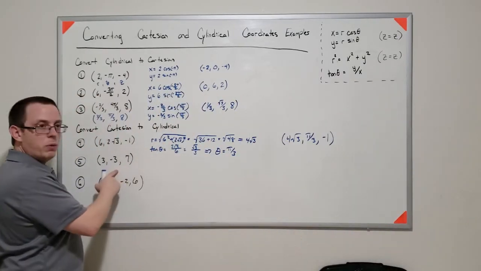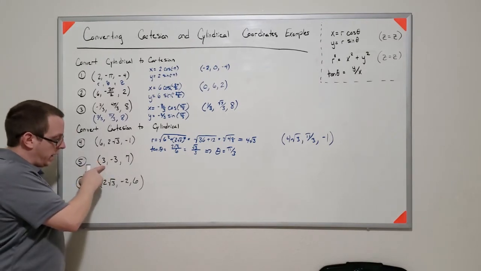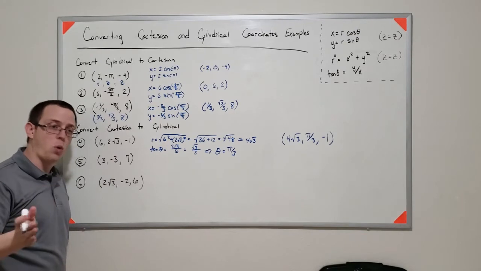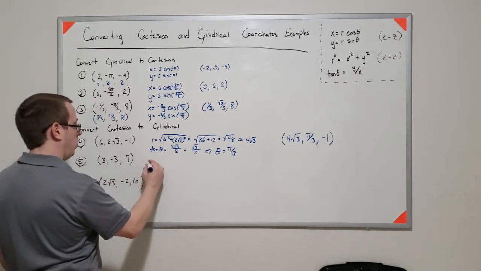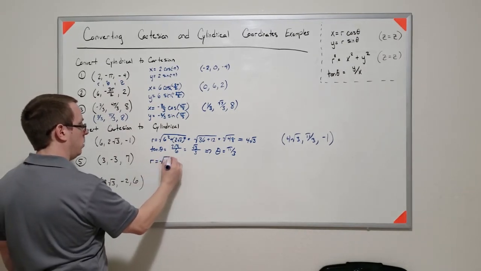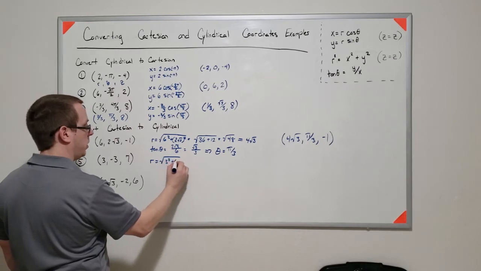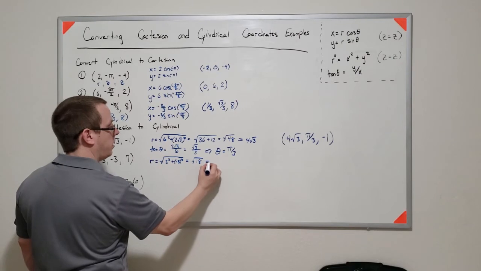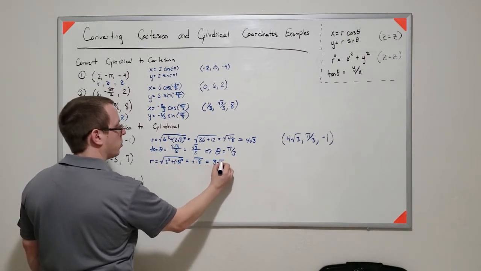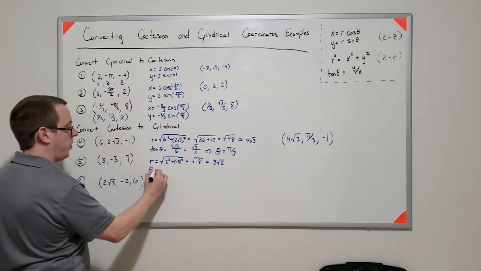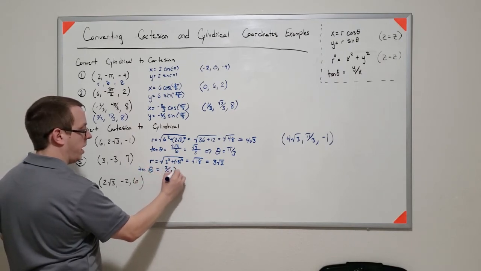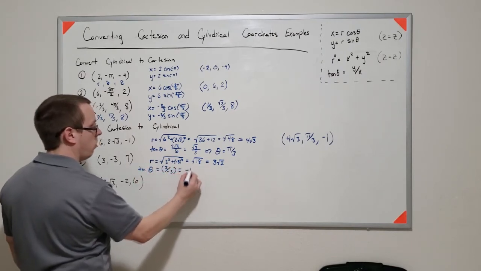So then we want to do this one wherein x is positive, but y is negative. So that tells me I'm in quadrant 4. So r is the square root of 3 squared plus -3 squared, which is square root of 18, which is 3 square root 2. And tangent of theta is -3 divided by 3, which is -1.